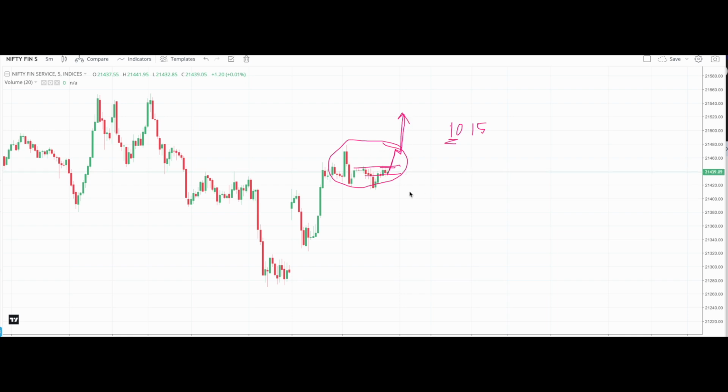So when you're doing the analysis, it is very important that you have a view about the market. Will it break this level and continue towards the upside, and will it move more than 55 points for you to make 10 to 15 points profit? This is something you need to validate before you choose the strike price.